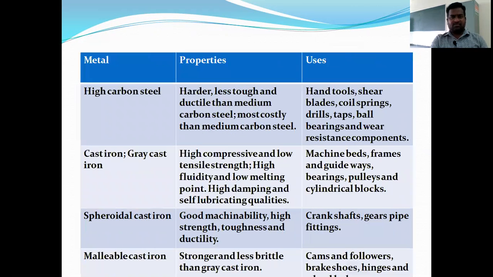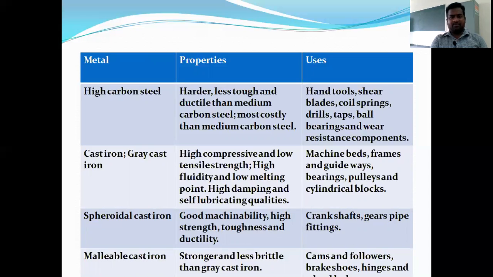Some of the examples we are observing here. Let me explain one. Metals, properties, uses. One is high carbon steel, we can call it HCS. The properties of this high carbon steel: it is a very hard material, less tough and ductile than medium carbon steel, and costlier than medium carbon steel.